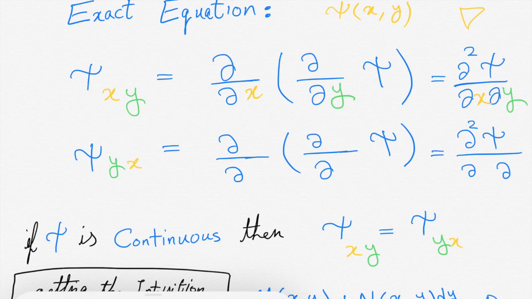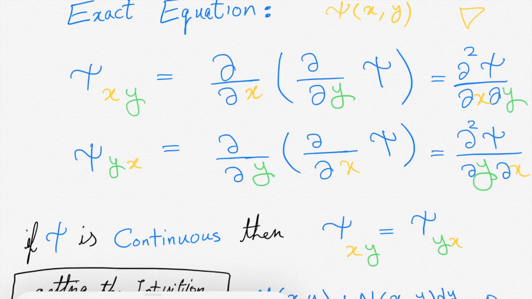Here you have psi yx, which is the partial derivative with respect to y first, switching the order, and then x, right?